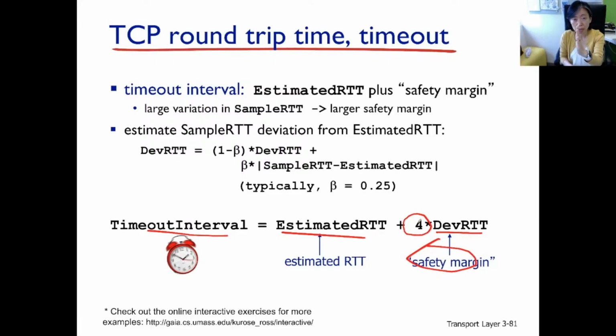The average is usually in the middle where there are lots of samples, and at the two ends, few samples. In a normal distribution, starting from the average, if you add 2 standard deviations and subtract 2 standard deviations, it should cover 95% of the value range of all these samples. So by adding 4 standard deviations here, the timeout interval covers more than 99.99 percent of these sample RTTs. That is also saying that setting the timeout interval this way, there will be very few premature timeouts in TCP.